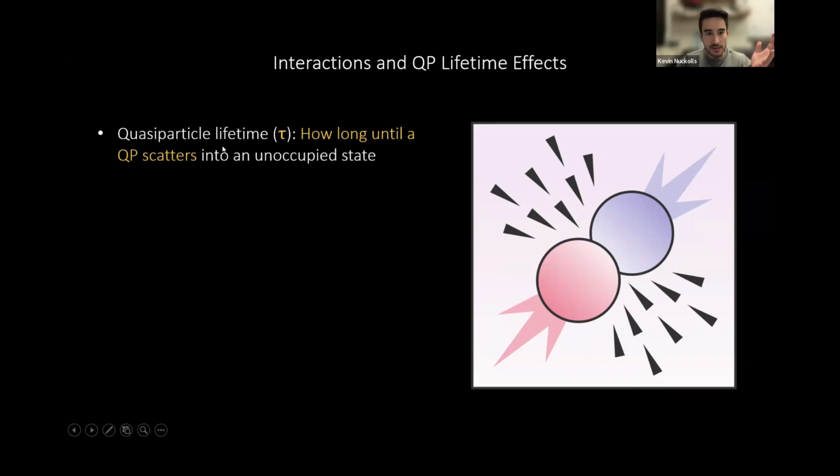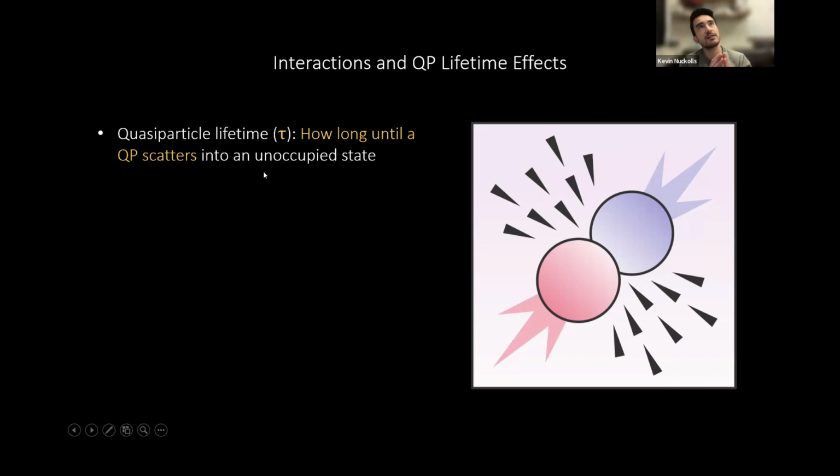You can see from this definition that it is intimately tied to what unoccupied states are available for this quasi-particle to scatter into, which at its core will be energy dependent.